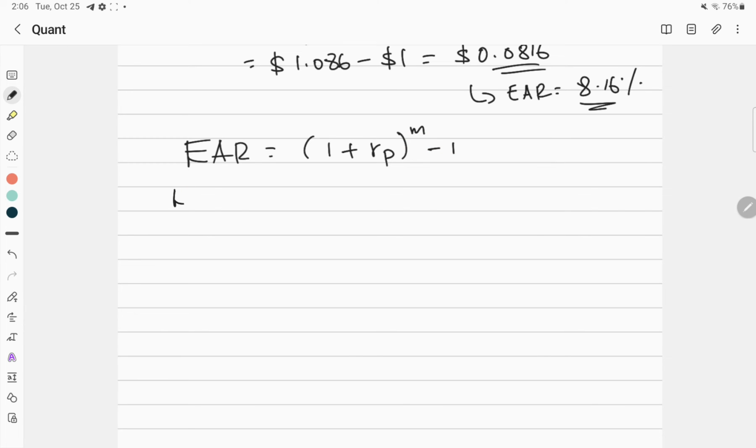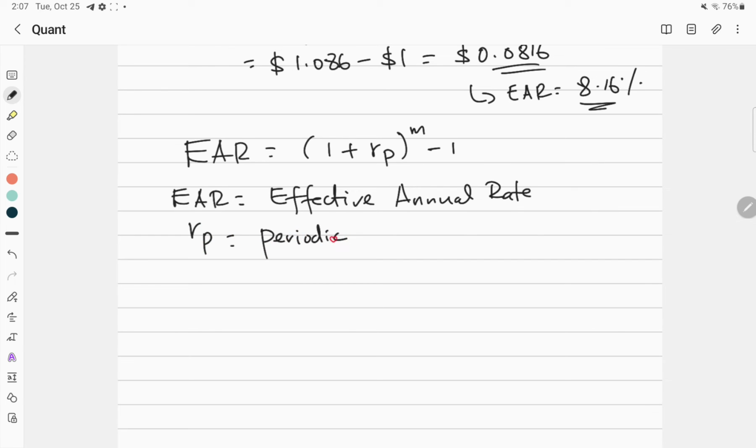Again, EAR is the effective annual rate, right? RP is the periodic interest rate, whatever the period is, quarterly, monthly, daily, right?